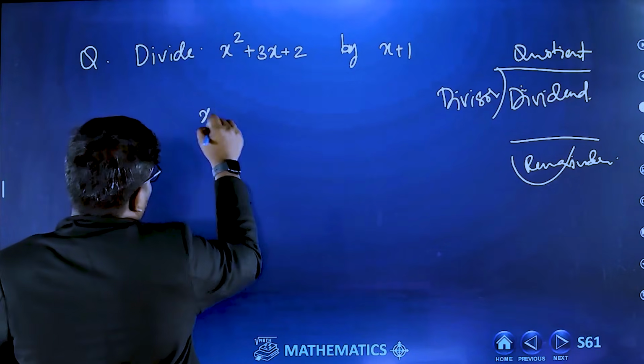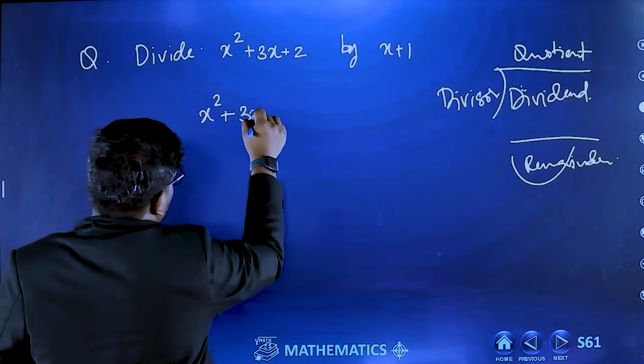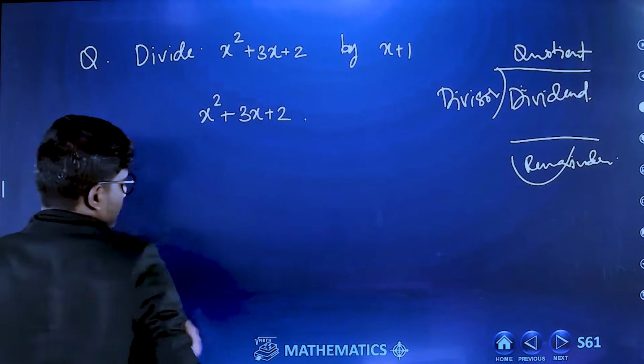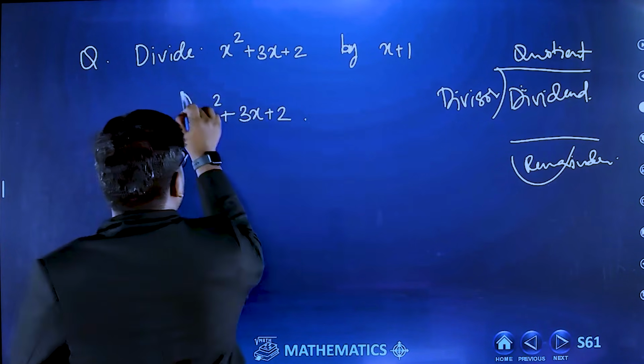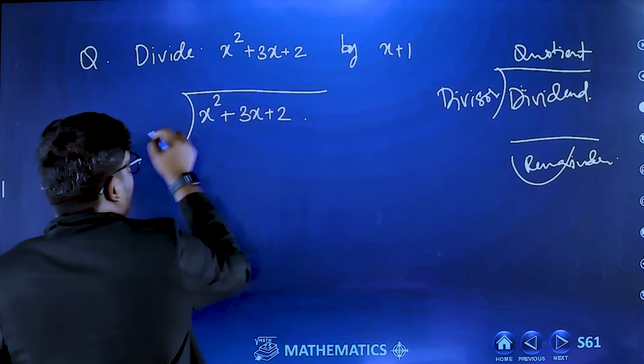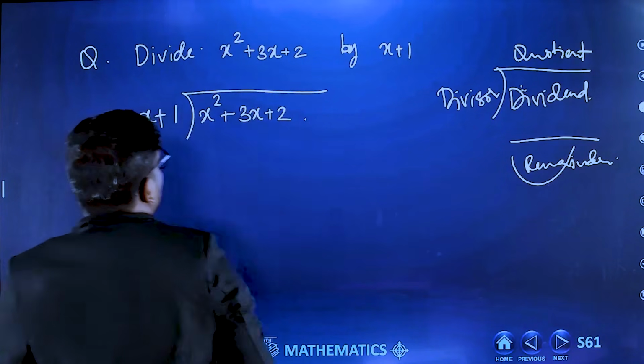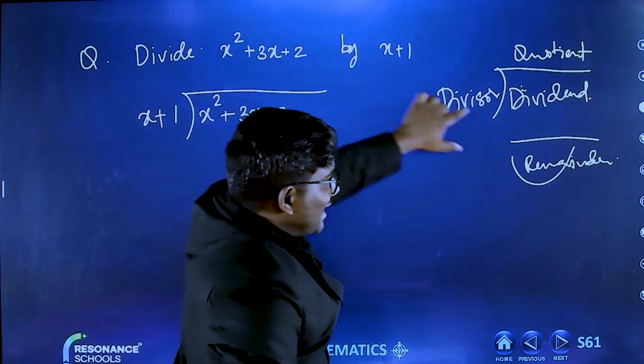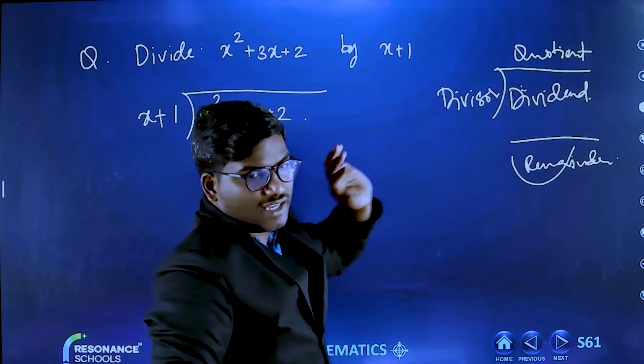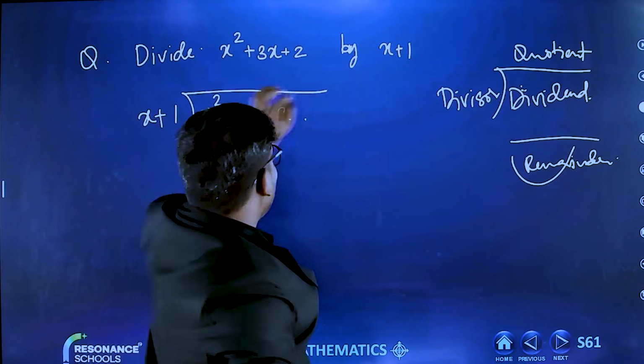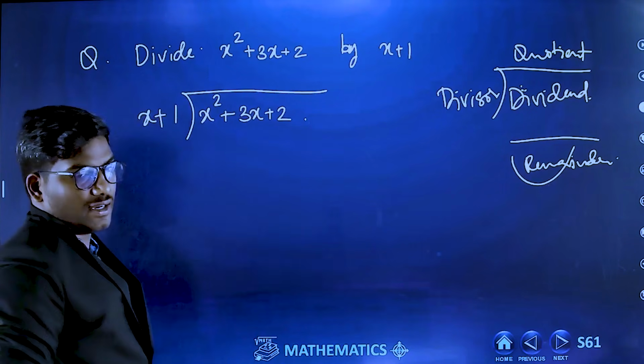Now, x square plus 3x plus 2 should be divided by x plus 1, which means this is the dividend, so the dividend will be written here. This is the divisor, so the divisor will be written here.